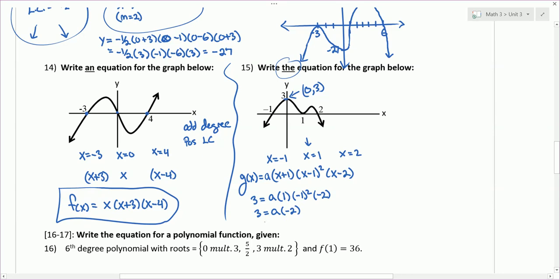Divide by -2, and you get 3 over -2 is equal to a. So now we can plug that back in for a and write g of x is -3 over 2 times x plus 1 times x minus 1 squared times x minus 2.